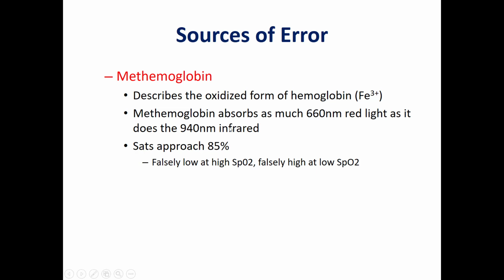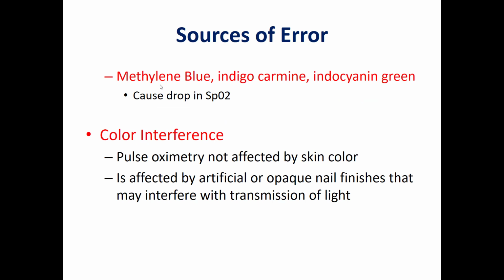Methemoglobin, similar to carboxyhemoglobin, will minimize the oxygen-carrying capacity of the blood to the tissues, and will lead to an unhealthy condition. We will talk more about this in part 3, which is called the Pulse Co-Oximeter.